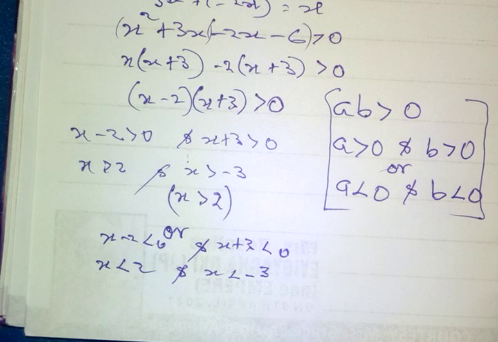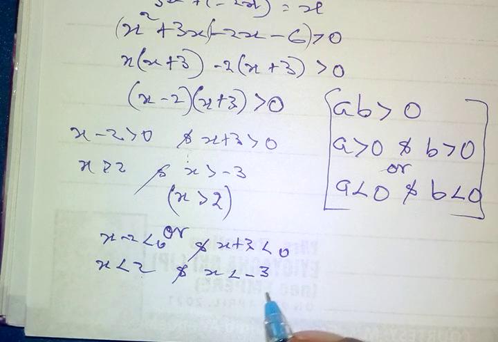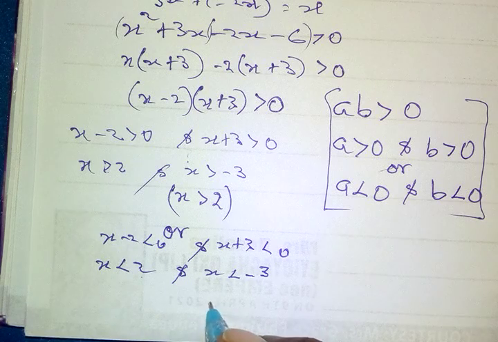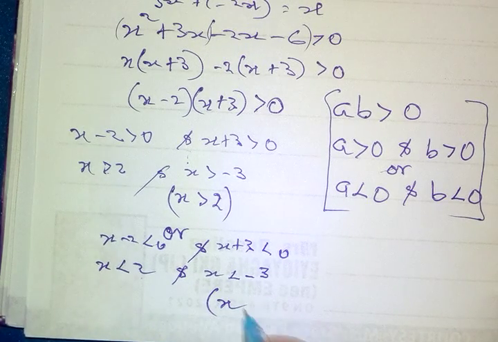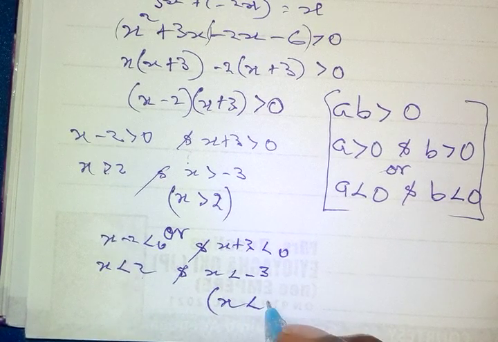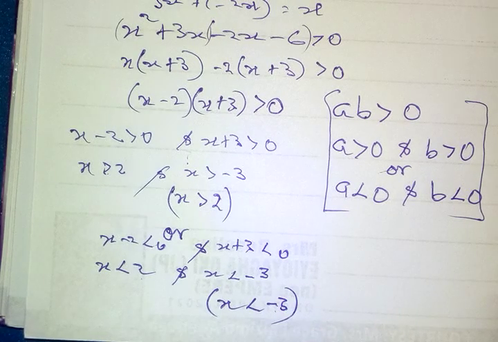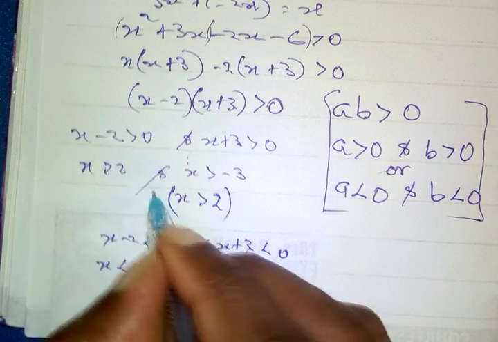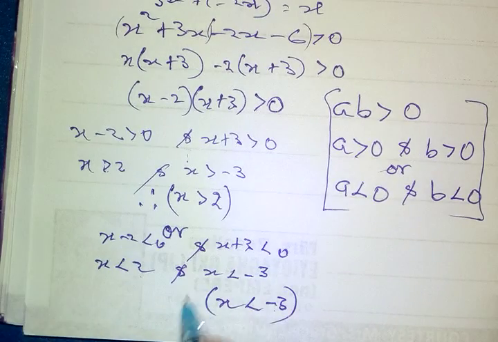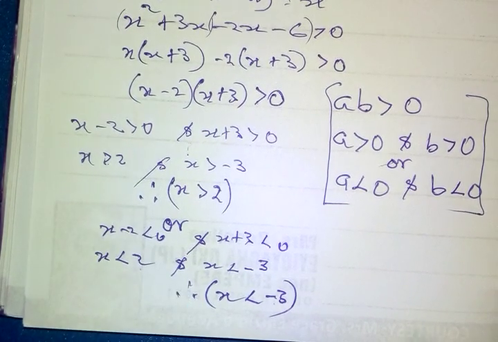Since x is less than 2 and x is less than negative 3, that means x less than negative 3 also means that x is less than 2. So in a single statement we can say x is less than negative 3. So this is a combined statement for the second one.